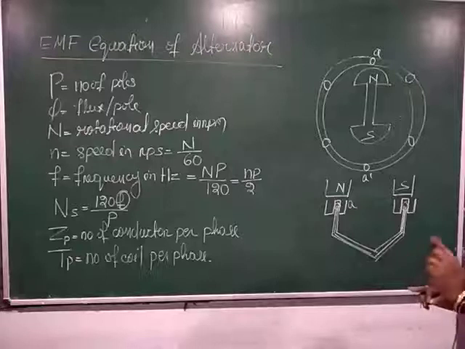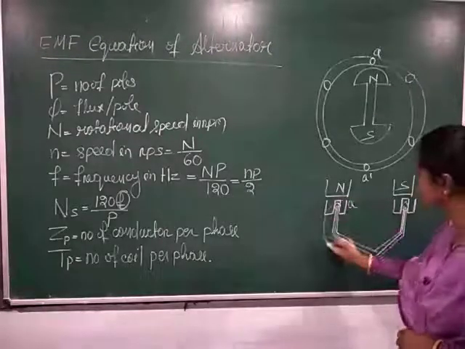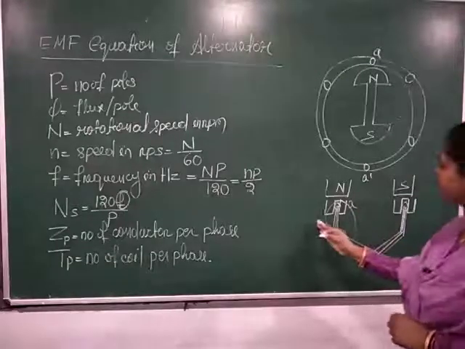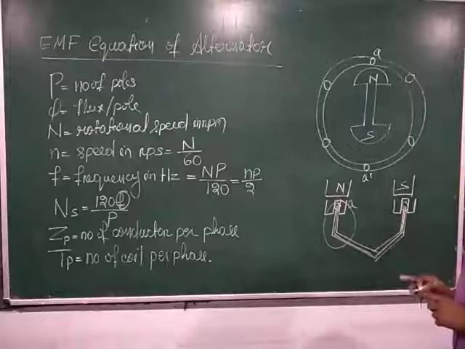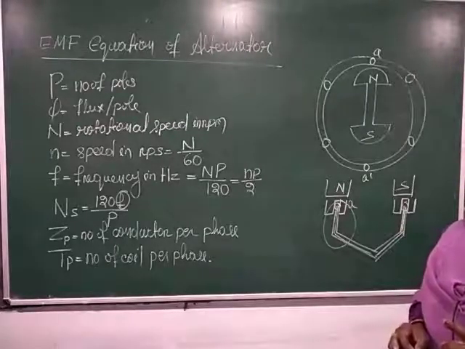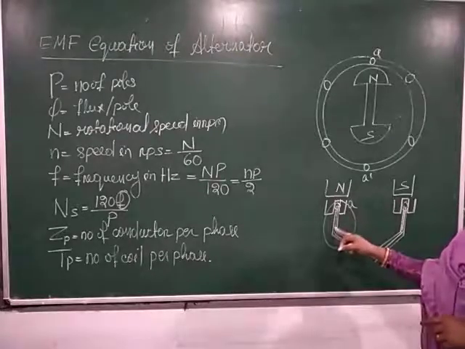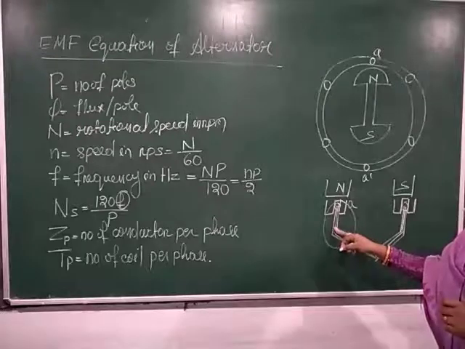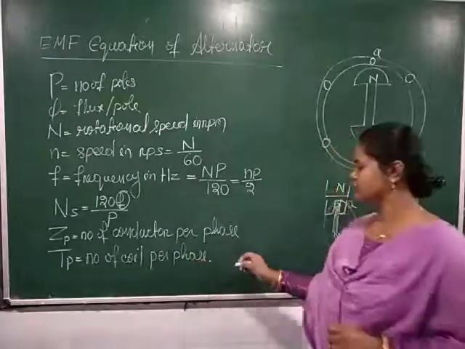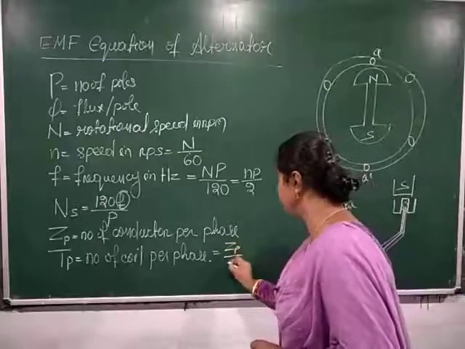So here Zp is the number of conductors per phase. What is a conductor? These are the coil sides. And what is a coil? A coil consists of one pair of coil sides. So if Zp is the number of conductors per phase, then the number of coils per phase is Zp by 2.